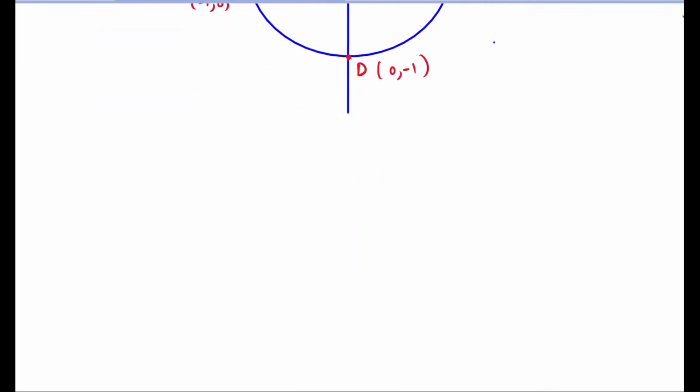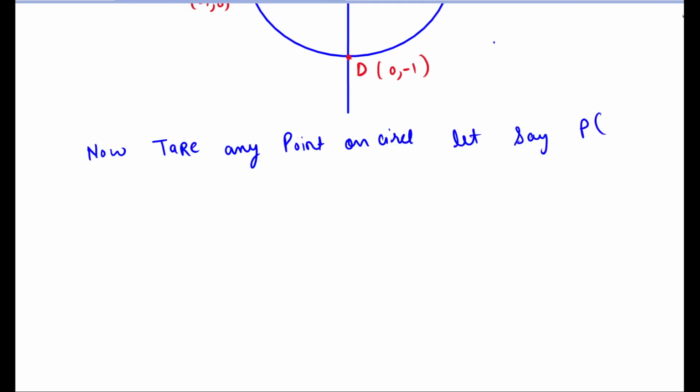Now take any point on the circle, let's say P, whose coordinates are x comma y.